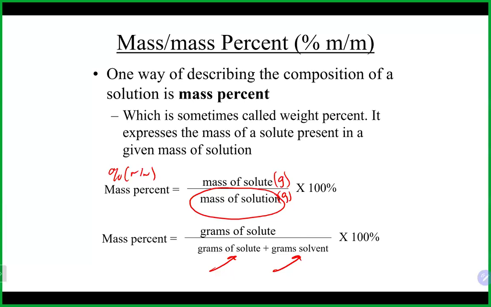Now, you could definitely use this equation and solve for really anything in it. We could solve for the percent mass to mass, the mass of the solute, or even the mass of the solution. But if you are given the percent by mass concentration, say 4.5% by mass sodium chloride solution, a lot of times it's a really good idea to turn this into a conversion factor and do the calculation in a dimensional analysis way.